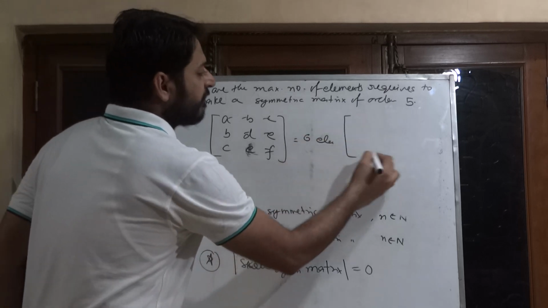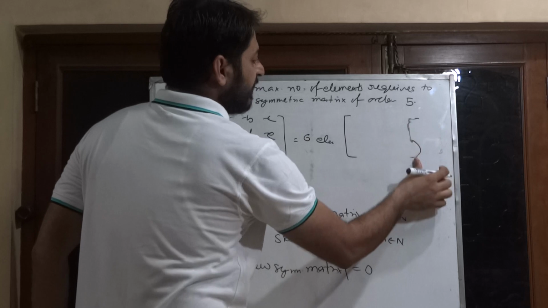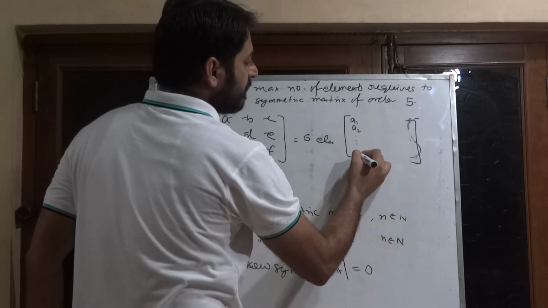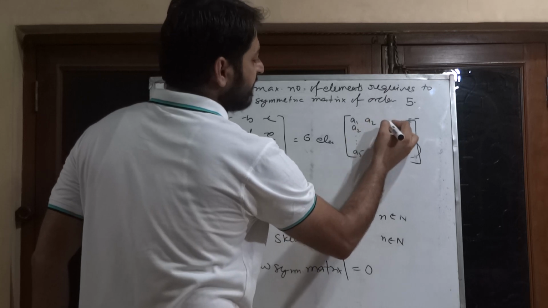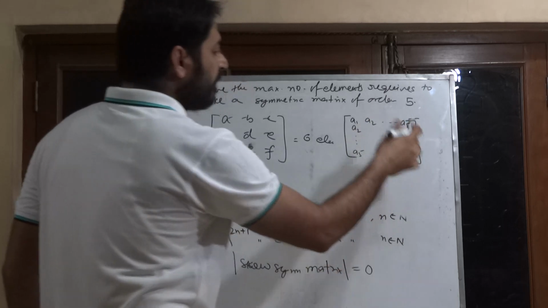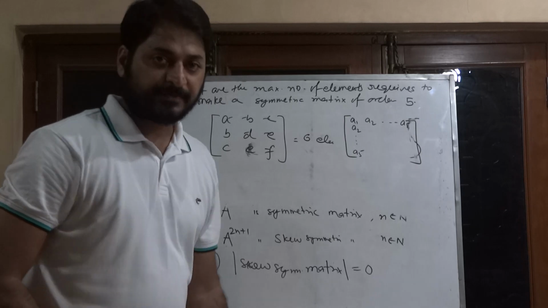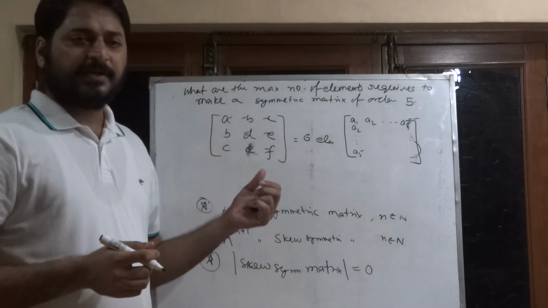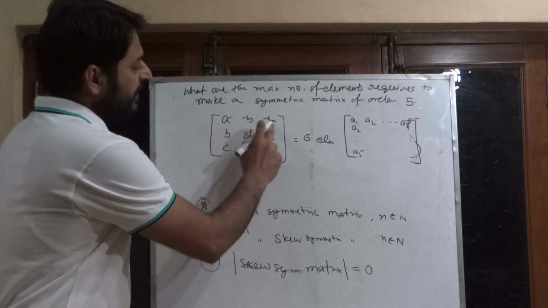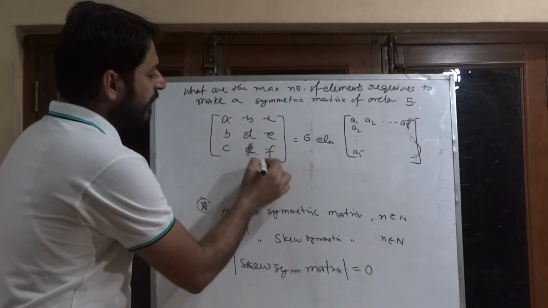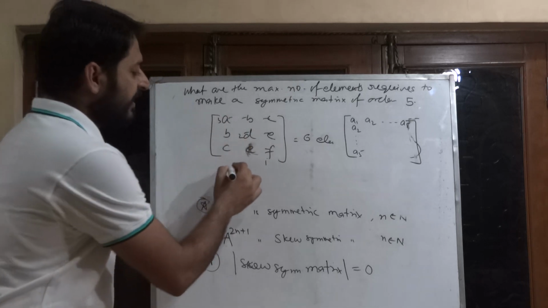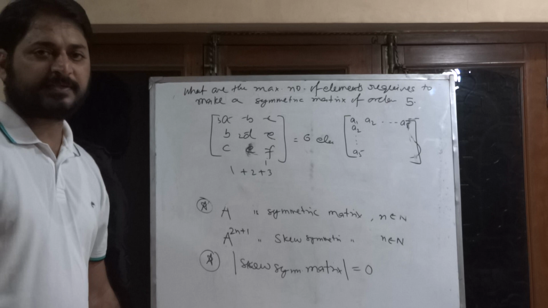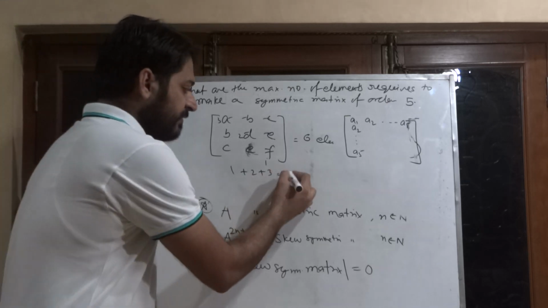Likewise, in order 5 cross 5, there will be 5 elements here and 4 elements there. This is very logical: 3, 2 and 1, that is 1 plus 2 plus 3, which is 6.